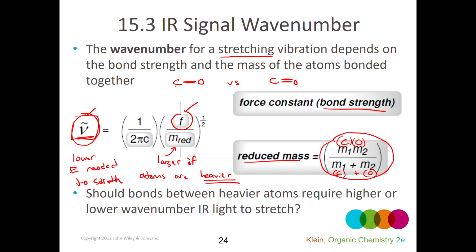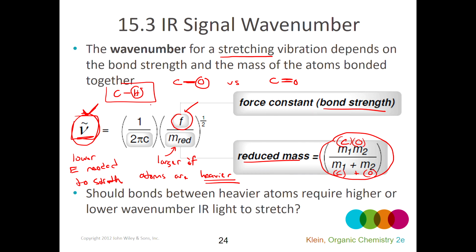So if I'm looking at a CO bond versus a CH, the hydrogen is less heavy than the oxygen. So when I calculate their masses and the strengths of the bond and plug all that in, what I find is the CH bond vibrates at a higher frequency, or requires more energy to vibrate, than the CO. So we're not going to have to work with this equation.